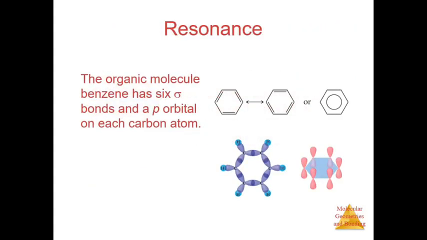Here's one a little different. This is benzene. It's an organic molecule. We'll get to more organic later on. But in this one, you have 6 sigma bonds. And looking at it, notice that we do have double bonds in here.